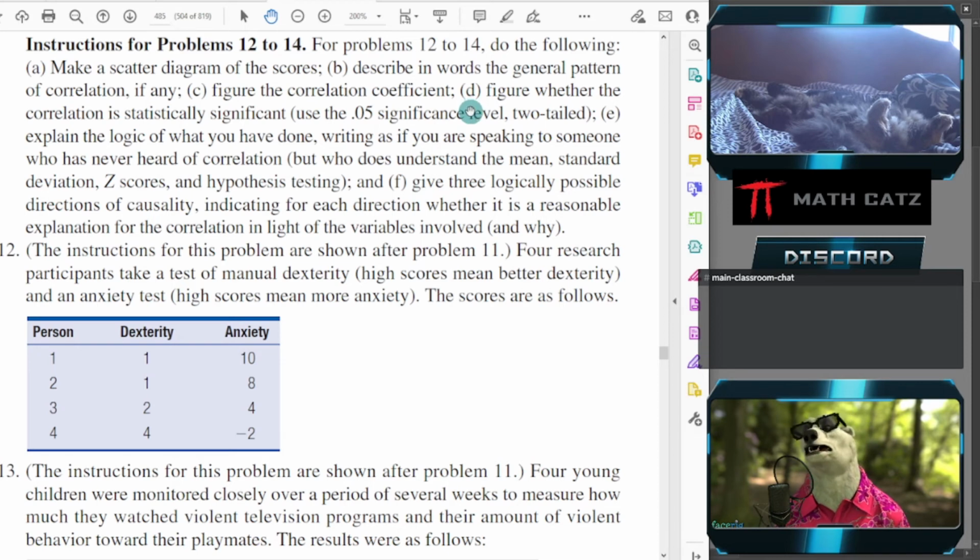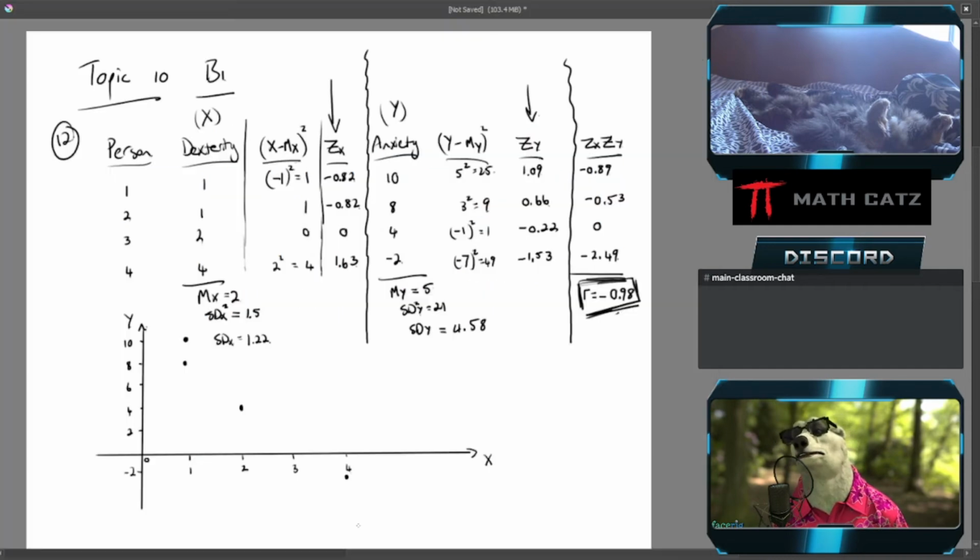I don't know if my sample is representative of all samples of dexterity anxiety scores. So we have a hypothesis test again to test the significance of this observed correlation coefficient that we calculated.